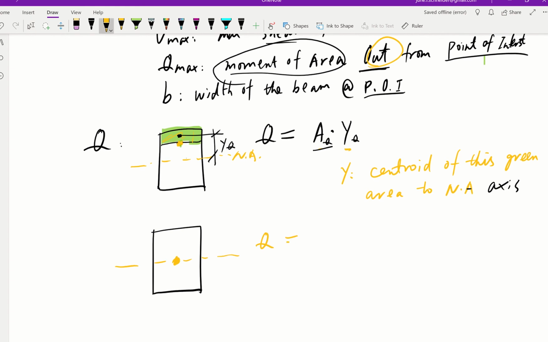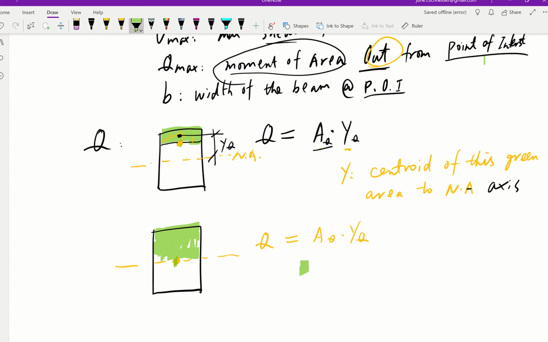So I'm going to use this formula, AQ times YQ. And from my point of interest out, that's going to be my area, the area out from point of interest.